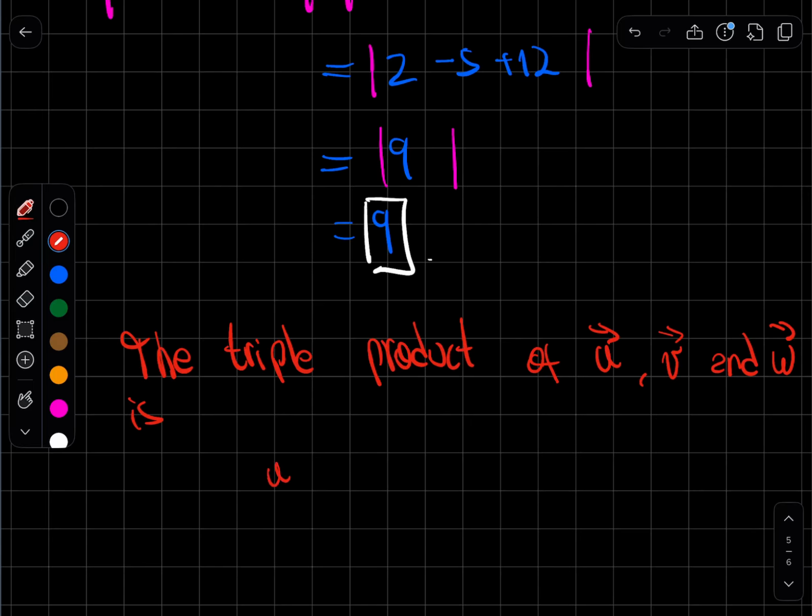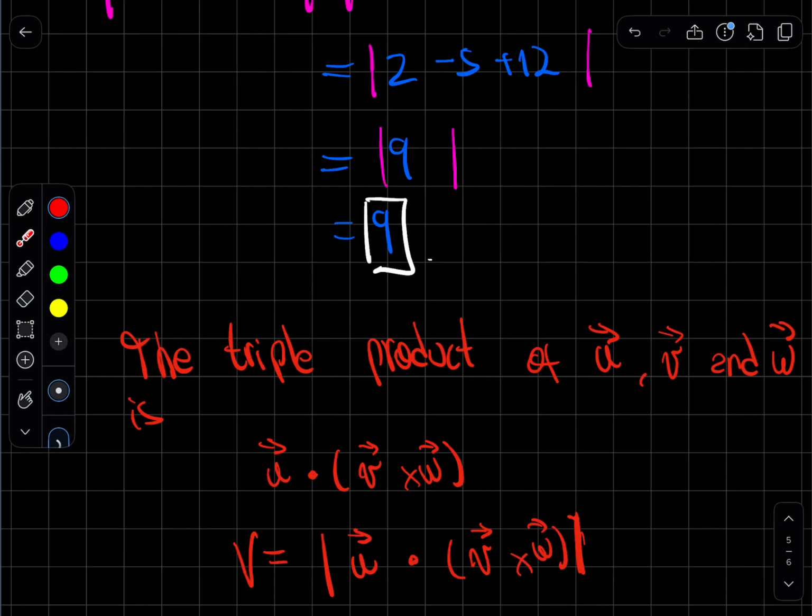It's u dot v cross w. I did it in any order that I liked for the volume application, and for the volume it doesn't really matter. But the volume is the absolute value of the triple product u dot v cross w. It's really helpful to keep things in that order, the order for the triple product.